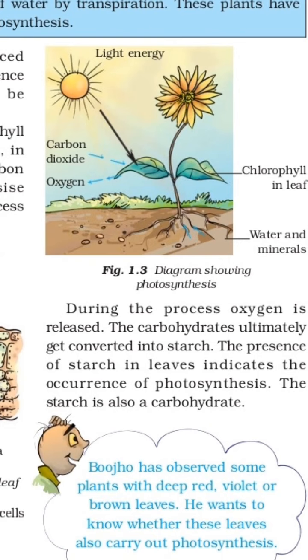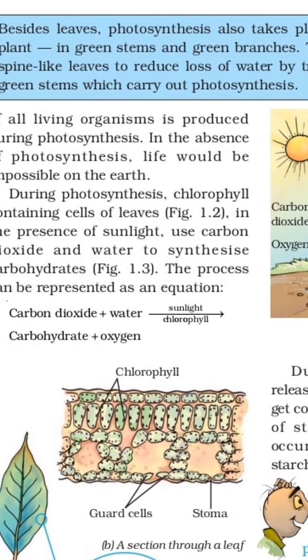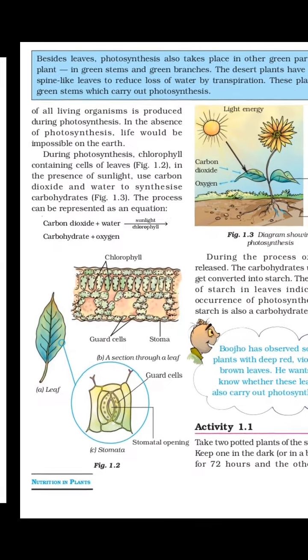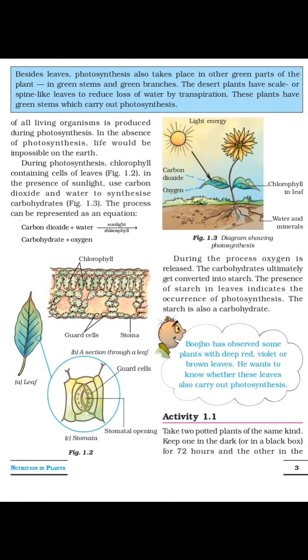Now here, one piece of information is given on the upper side. Besides leaves, photosynthesis also takes place in the other green parts of the plant, in green stems and green branches. The desert plants have scale or spine-like leaves to reduce the loss of water by transpiration.